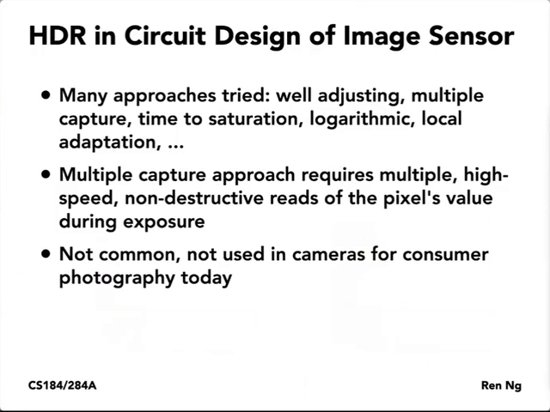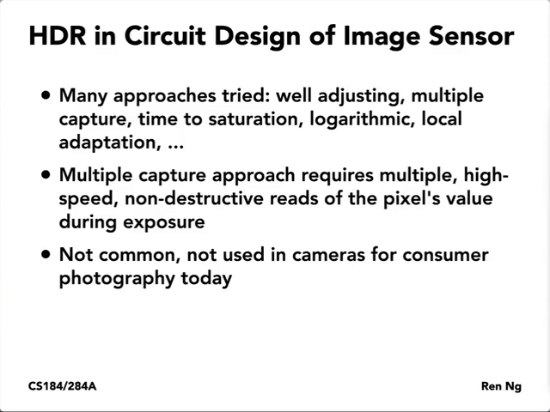There are also many approaches that have been taken, because HDR, high dynamic range, is a really important goal and figure of merit for image sensors and computational imaging systems such as smartphones these days. A lot of different methods have been proposed to incorporate it into the circuit design of image sensors. I'll mention a few keywords: well adjusting, multiple capture triggered at a very fast rate on the sensor surface in the sensor logic.